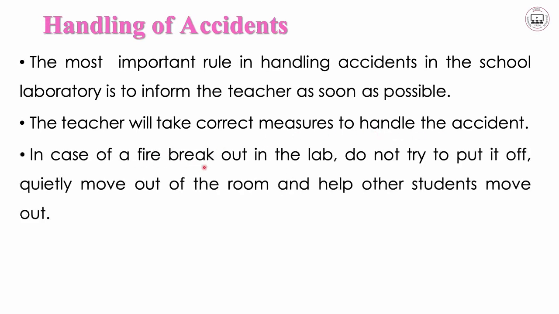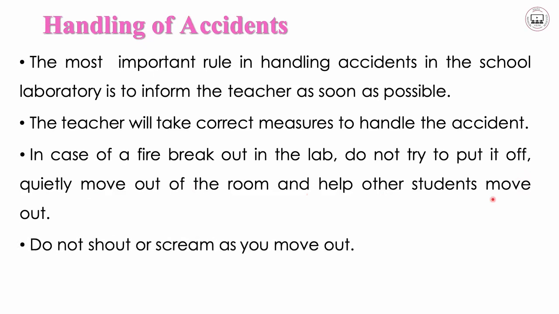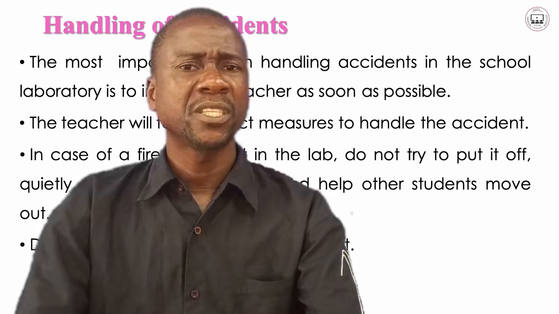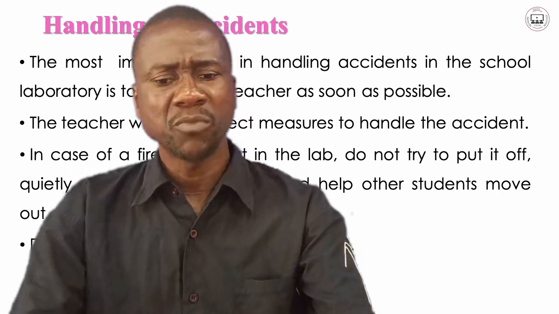In case of a fire break out in the lab, do not try to put it off. Quietly move out of the room and help other students move out. Do not shout or scream as you move out. Why do you think you should not shout or scream as you move out?